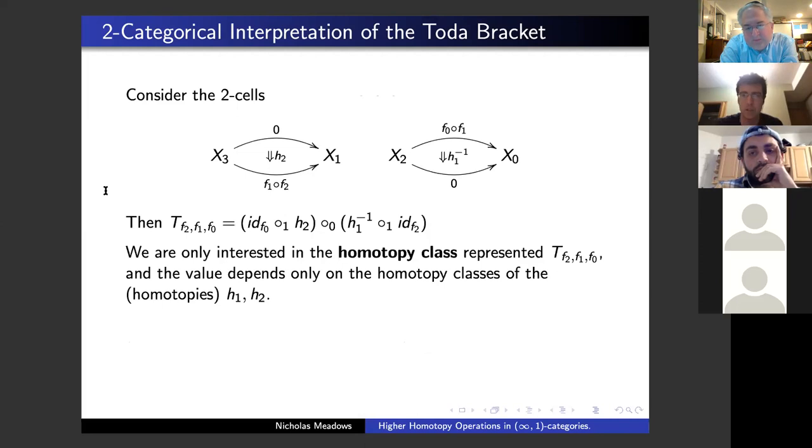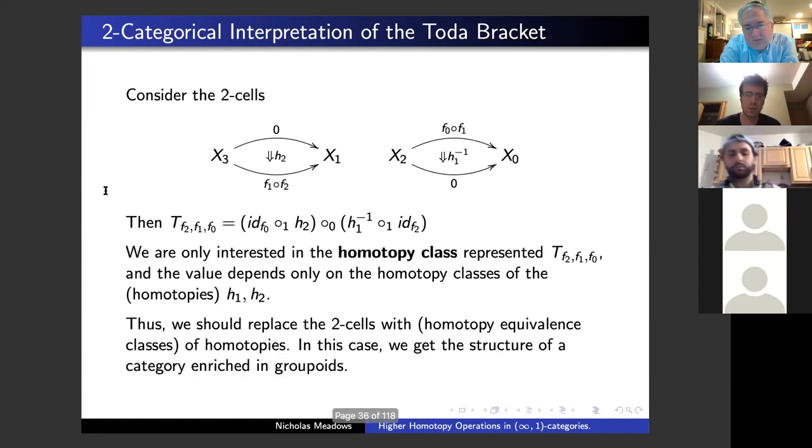Yes, if you replace the two cells with homotopy equivalences of homotopies, then yes. We usually use the terminology of a category enriched in groupoids.